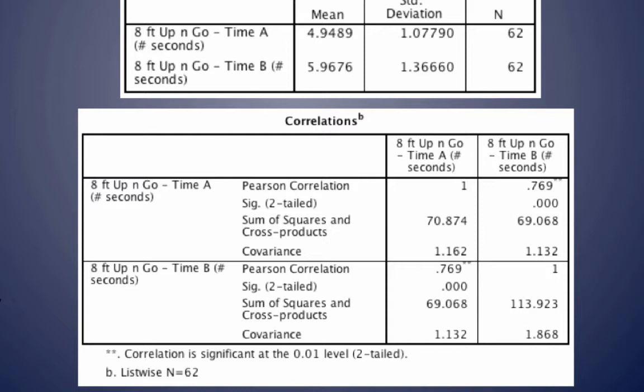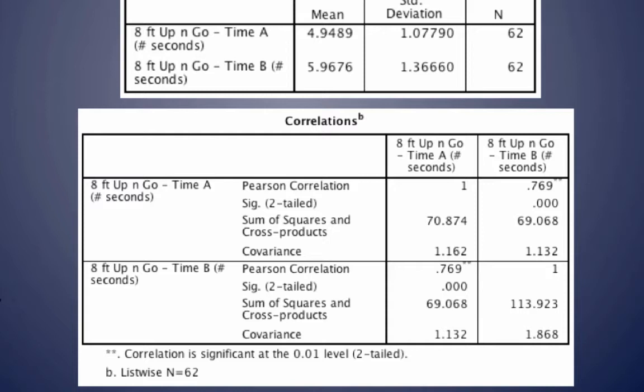We want to look to see whether or not this test, the 8-foot up and go, is a reliable test in terms of test, retest reliability. If we were to administer this test different times throughout the year or throughout the day, will it measure 8-foot up and go, which is a measure of lower body agility, power, and strength? Will it measure lower body agility, power, and strength every single time?